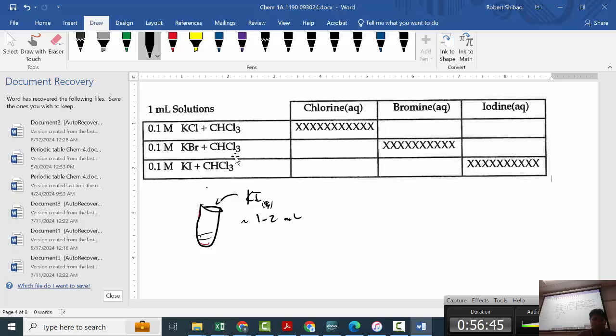And then we're going to add some drops. I'd add between 2 to 5 drops of chloroform, CHCl3. The chloroform is going to sink to the bottom, and you'll have a little bubble of chloroform down here.